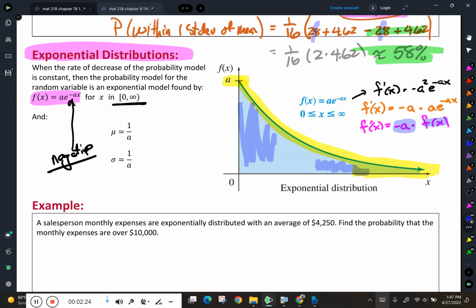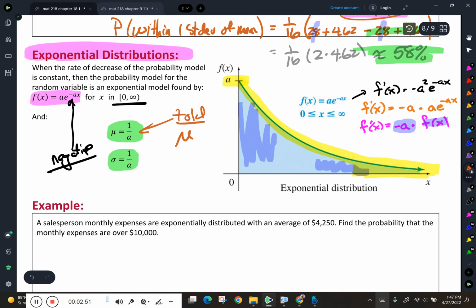The nice thing about exponential distributions is, just like with uniform distributions, there are simple formulas for finding the mean and the standard deviation. The mean is just 1 divided by a, and the standard deviation is also just 1 divided by a. One of the ways these problems are often given to us is that we are told the mean, and then we have to solve for a.